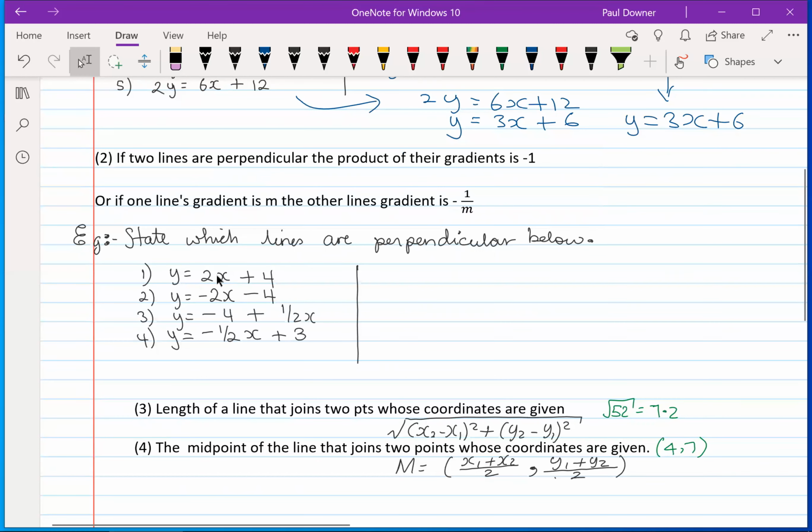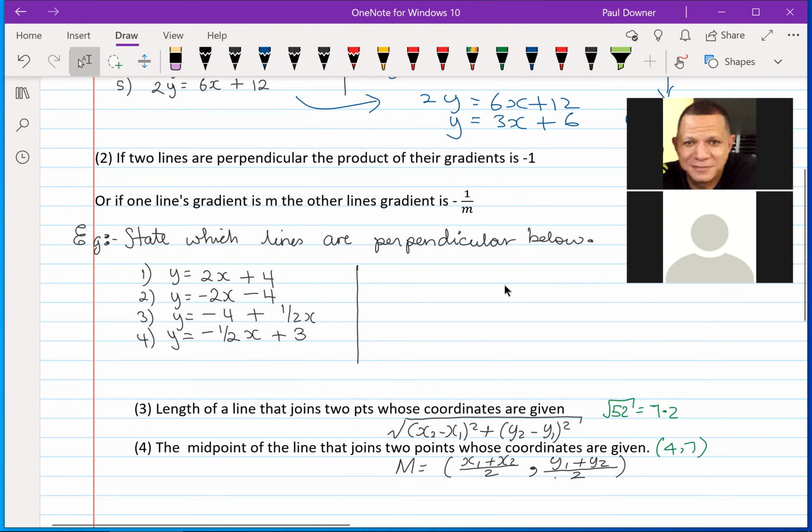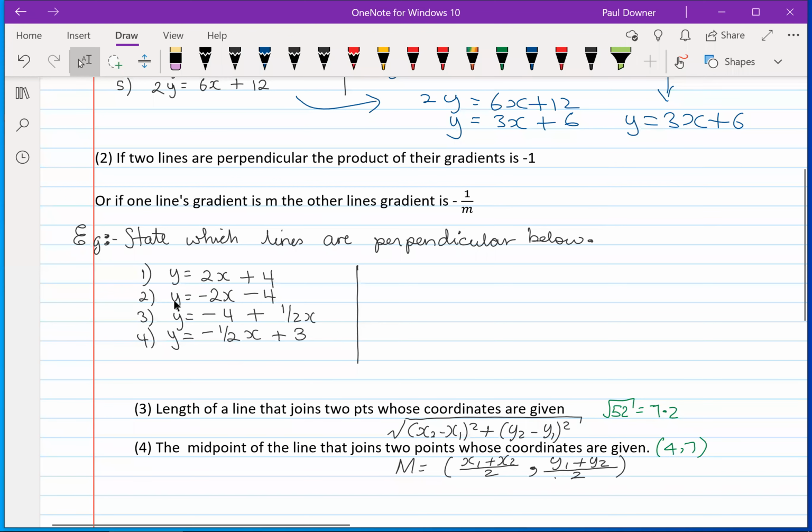So you guys quickly look at 1 to 4. Could anybody tell me if any pair of these lines are perpendicular? 2 and 3. Okay, so 2 and 3. Yes, that is looking pretty good.